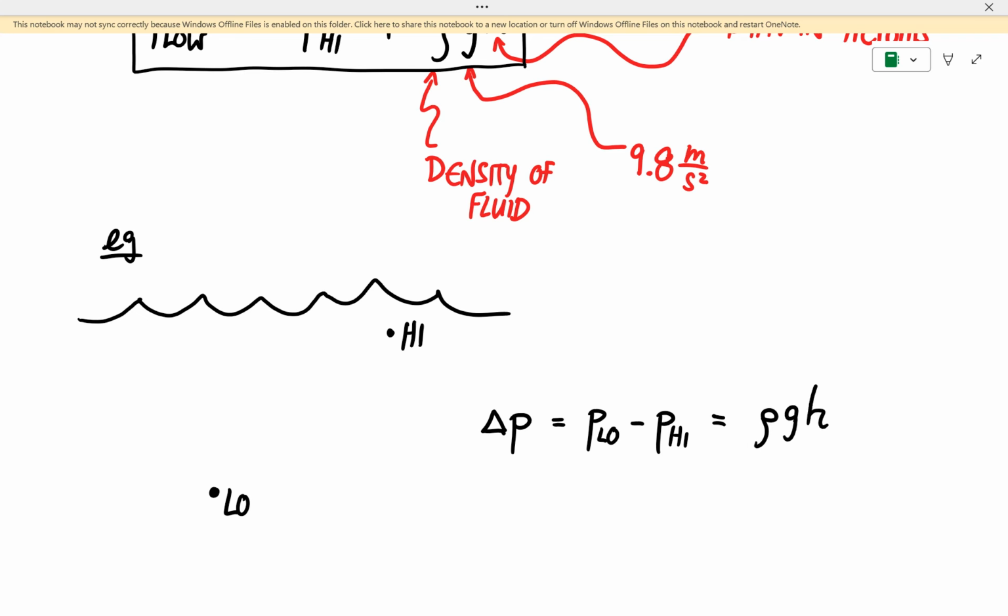So if you know the density of the water, which is almost exactly 1 times 10 to the third kilograms per cubic meter, then you can calculate that.